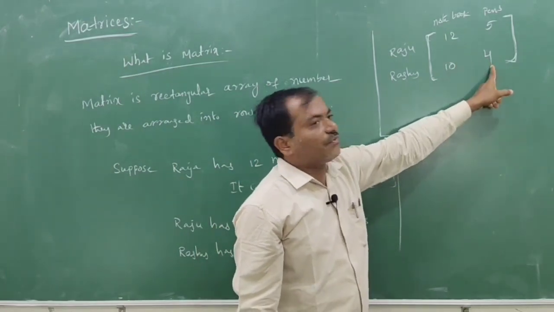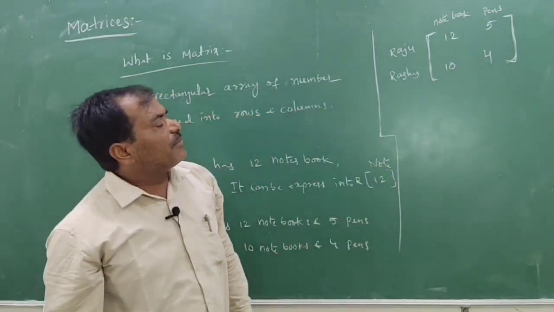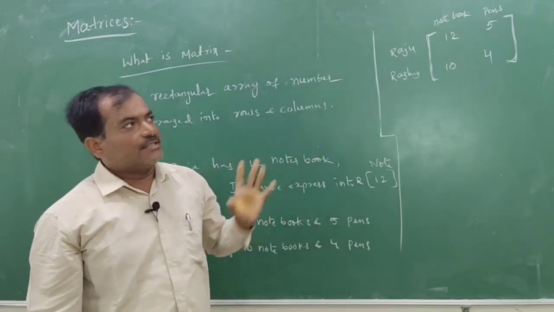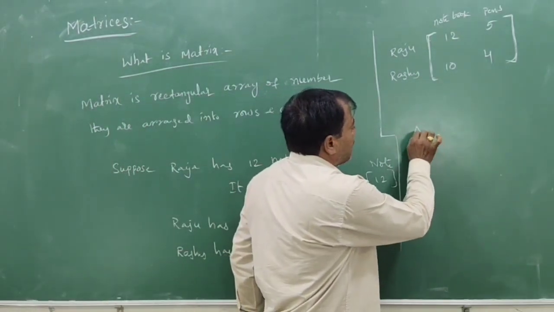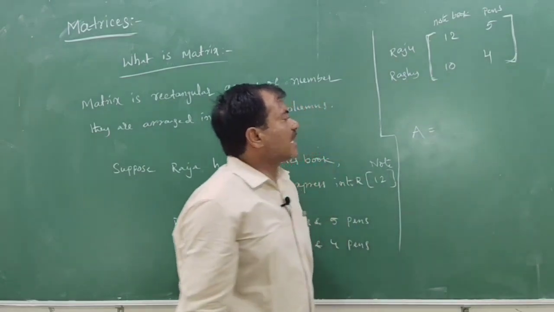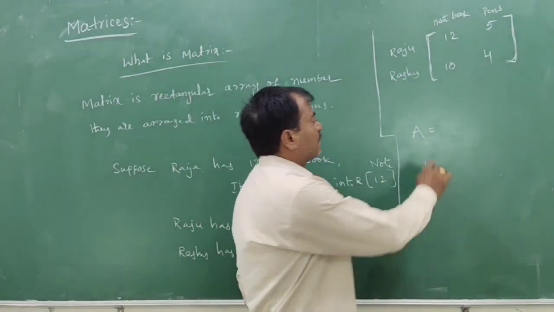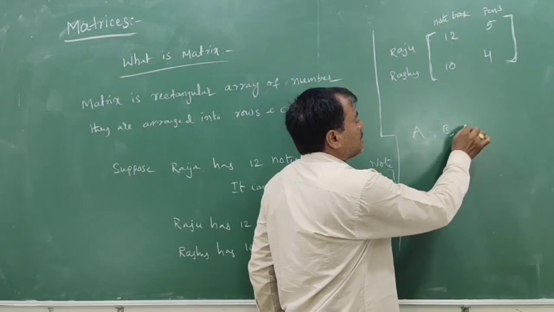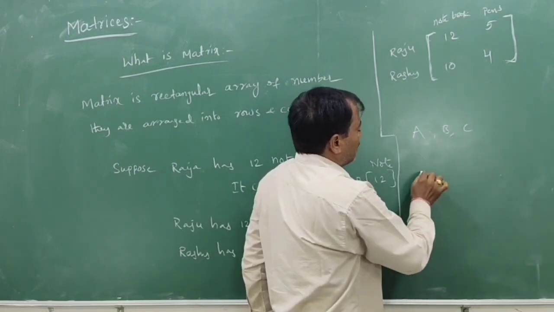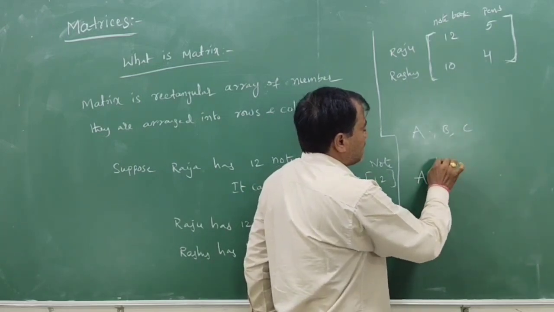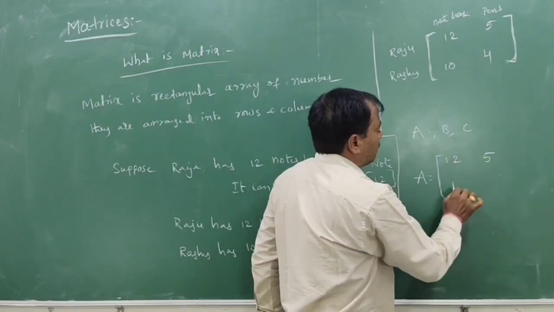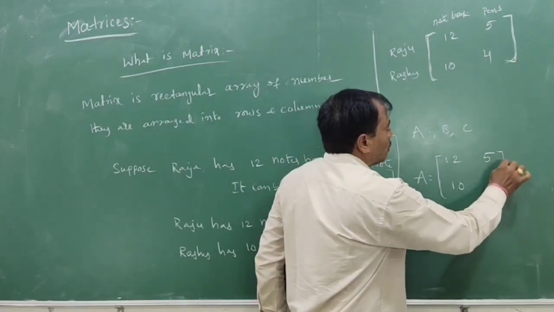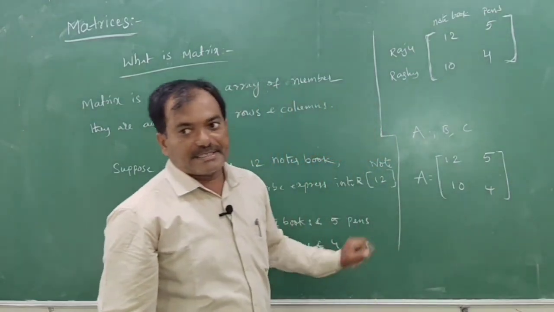This is called a matrix. A matrix is generally denoted by capital letters, for example capital A, B, C and so on. Here we write the matrix A equal to 12, 5, 10, 4.